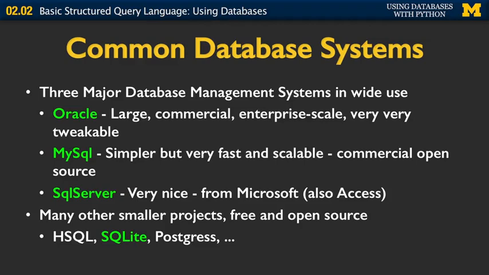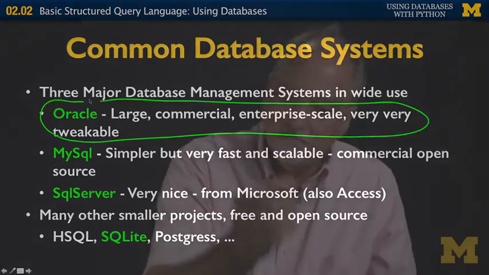So there's a number of common database systems. I've mentioned several of them. Oracle is awesome. It's a company that was effectively created just to make a database system. And they were founded at the birth of the relational movement and won because they were very good at it. The others who didn't win were like IBM and others, although they all have relational databases as well.